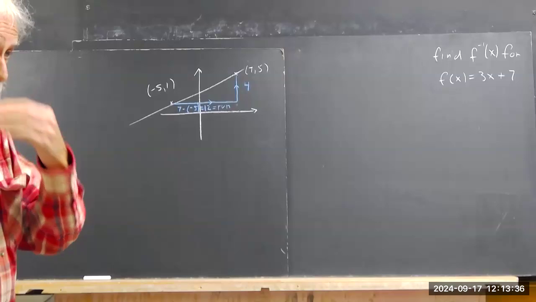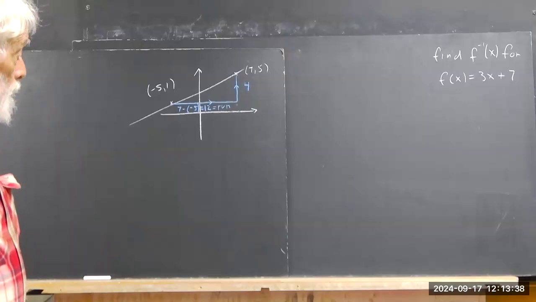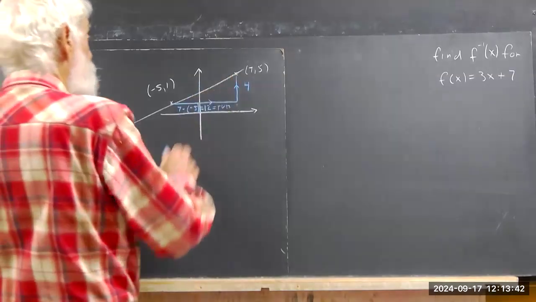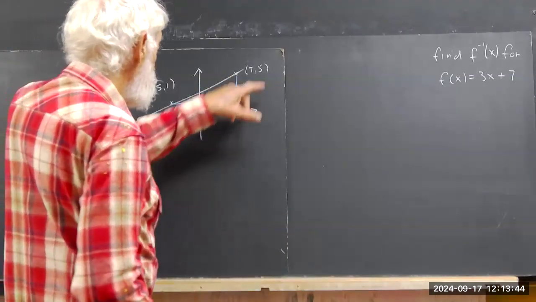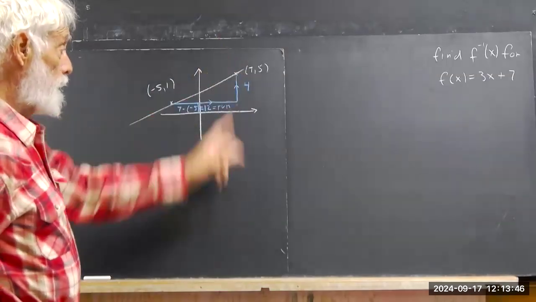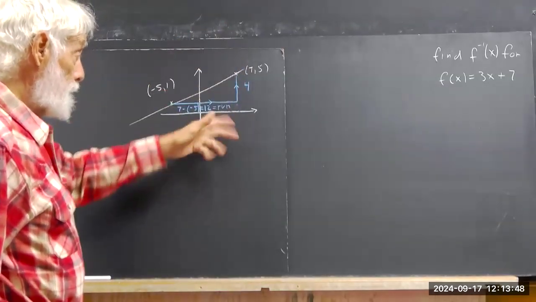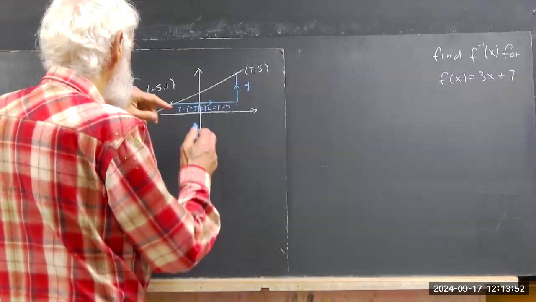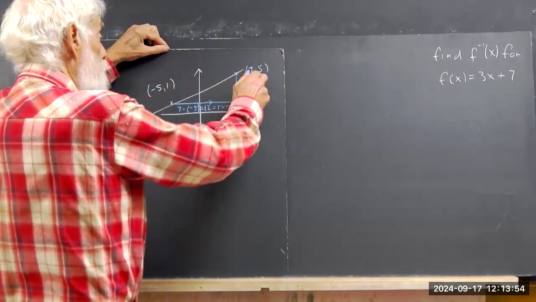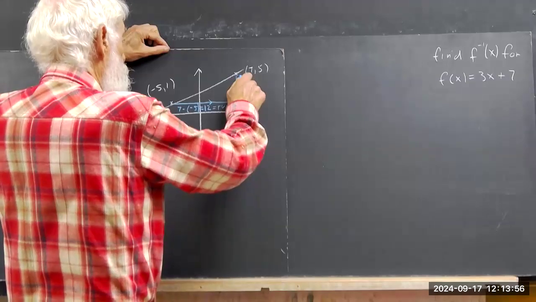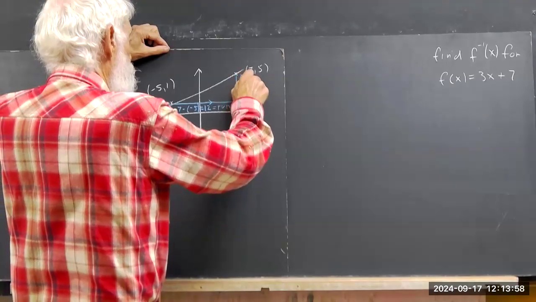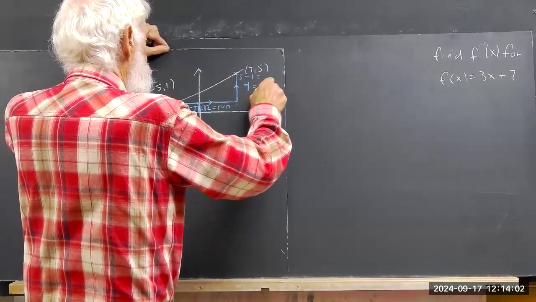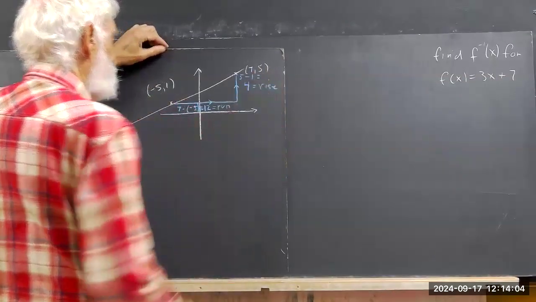So we've got a rise and a run. Now, we do the same thing with the y coordinates to determine how far this is, because x isn't changing on this line. Y goes from 1 to 5, so we could calculate that as 5 minus 1 equals 4. We call that the rise.